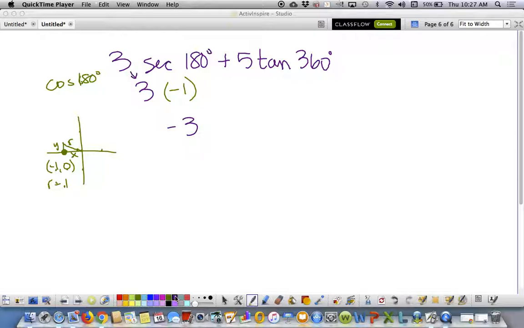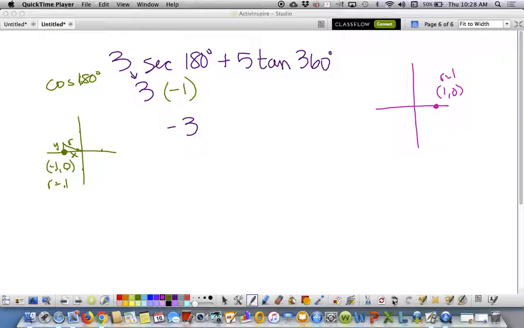What about tangent of 360? I'm going to draw another spot. Where am I at for 360 degrees? I'm going all the way around, and I'm back to there. So I'm over here. What is that point? It's going to be 1, 0, and your r will be 1.